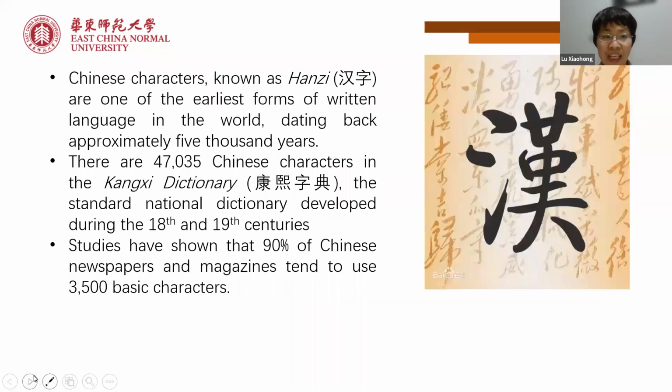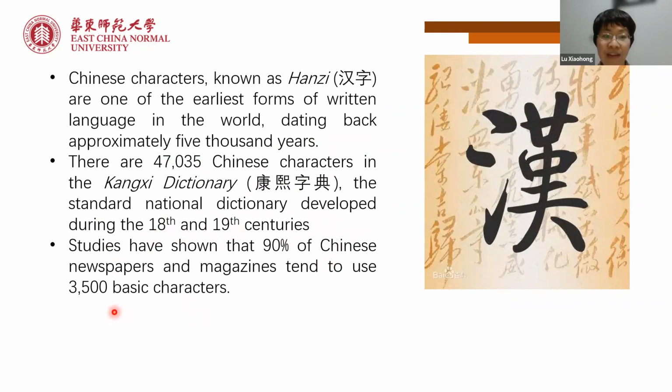Now, as Cangjie was the inventor of Chinese characters, Chinese characters are known as Hanzi. This is the character Han. Chinese characters are one of the earliest forms of written language in the world, dating back approximately 5,000 years. There are about 47,135 Chinese characters in the Kangxi Dictionary, the standard national dictionary developed during the 18th century.